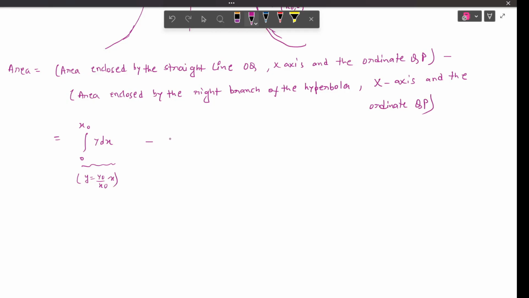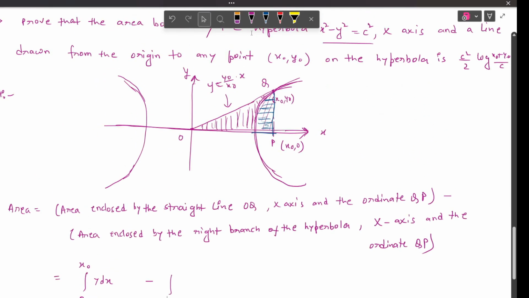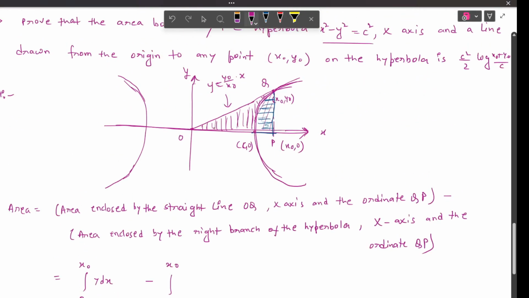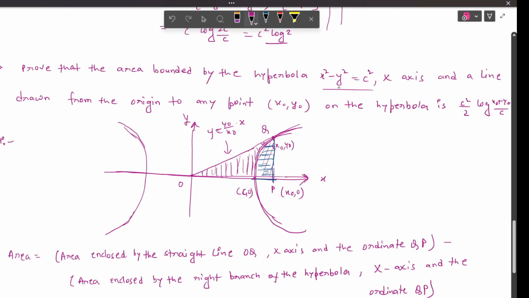minus integration from, this is your c point, c comma 0. So from c to x naught, and area bounded by this hyperbola.